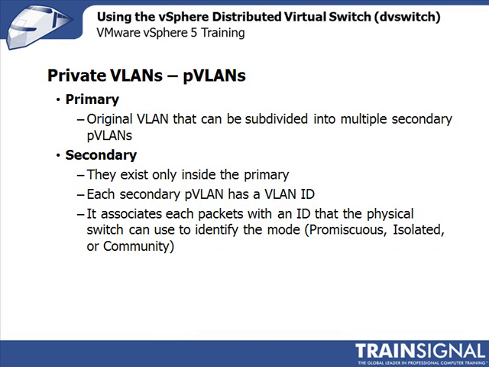And I'm going to show you when we go into the GUI configuration, this will be a little clearer. It's a little confusing here, how you can append that ID to the original VLAN ID so that the physical switch that the packet is communicating with can understand where this is destined to. Now, you can have multiple secondary private VLANs, and they have three modes: either promiscuous, isolated, or community.